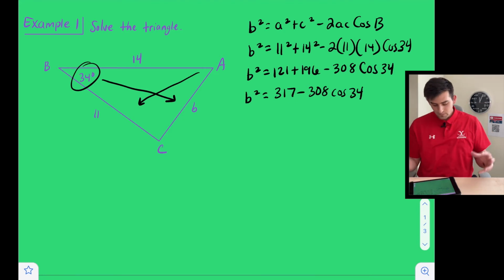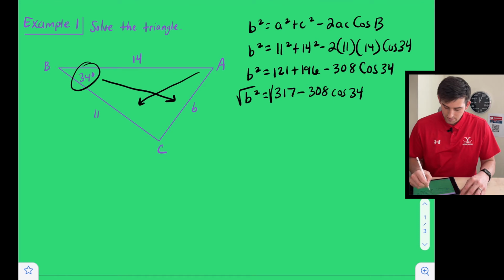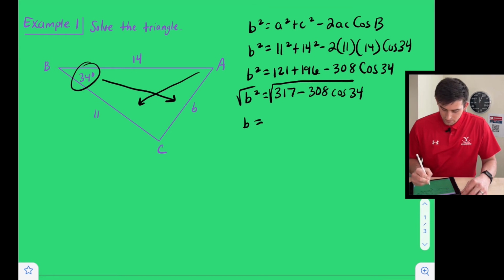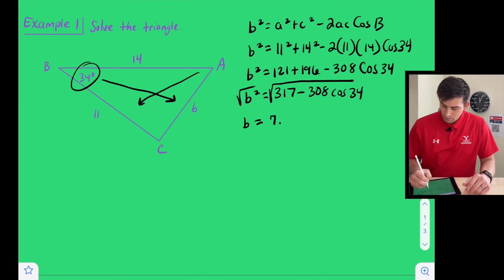Right here, I'm going to take the square root of both sides: the square root of b squared, and the square root of this long expression. So now we get b is equal to, in my calculator, the square root of 317 minus 308 cosine of 34, and I hit enter. It tells me b is 7.85, so I'm going to round that to 7.9. That gives me my side length of b.